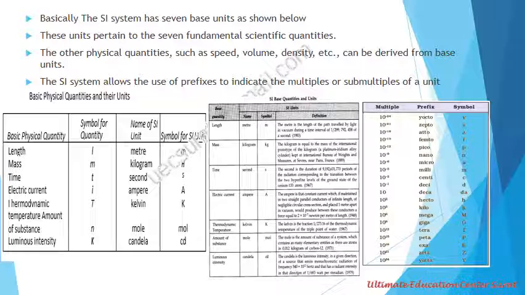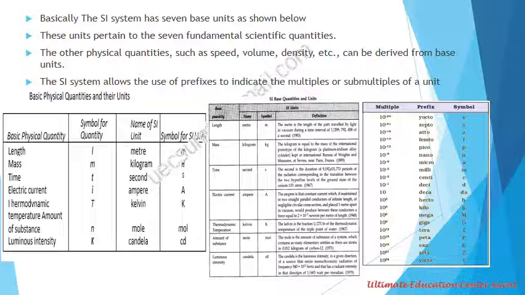Length is described in meter, mass in kilogram, time in second, electric current in ampere, thermodynamic temperature in Kelvin. Then we have the amount of substance in mole, and then luminous intensity in candela. These units pertain to the 7 fundamental scientific quantities.